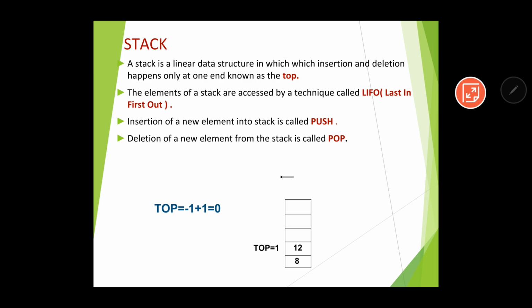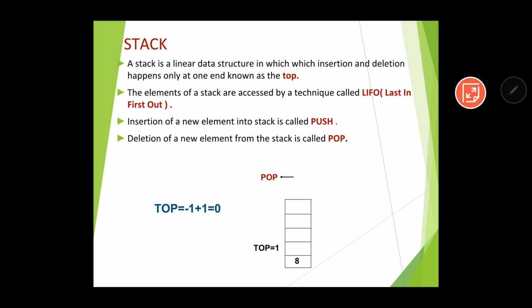Now let's say I want to remove elements from the stack. For that we have a term known as pop. I cannot pop out 8 before popping out 12. Why? Because insertion and deletion happens only at one end, the top of the stack. So now 12 will be popped out.